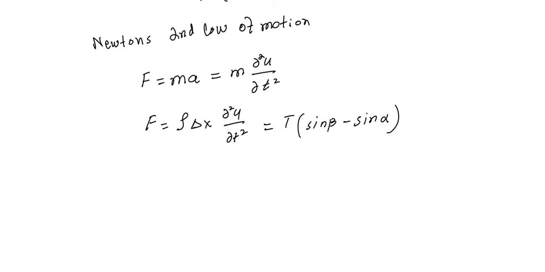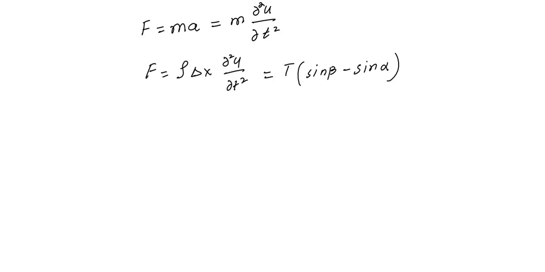Another thing that we know is that the deflection of the string and the slope of the string are small, which means alpha and beta are so small that you will have a new concept. We are going to substitute the values of sine alpha and beta. What are sine alpha and beta?